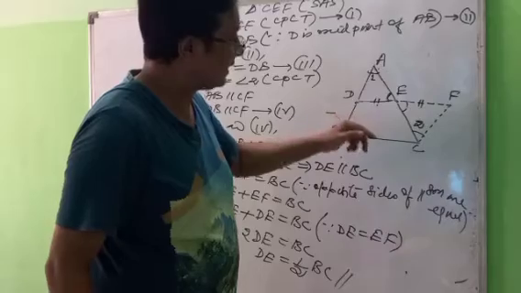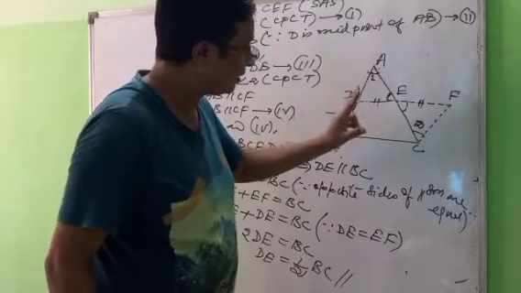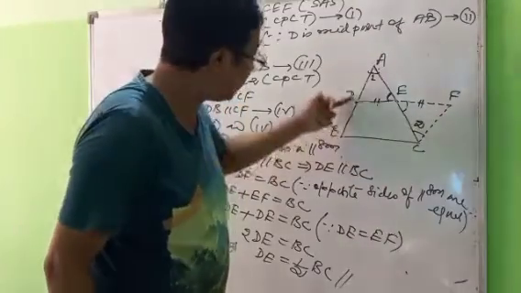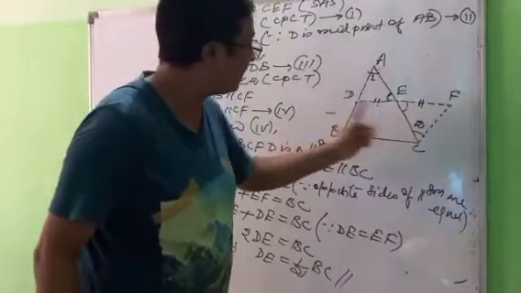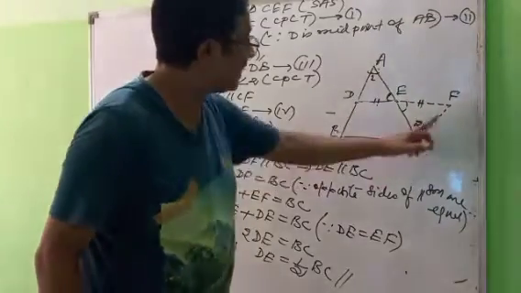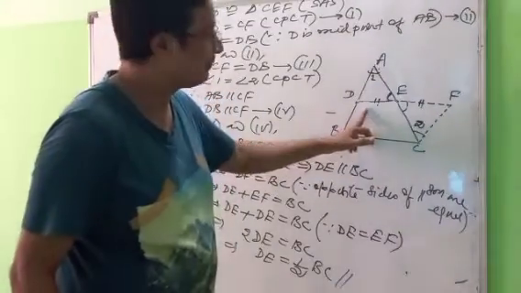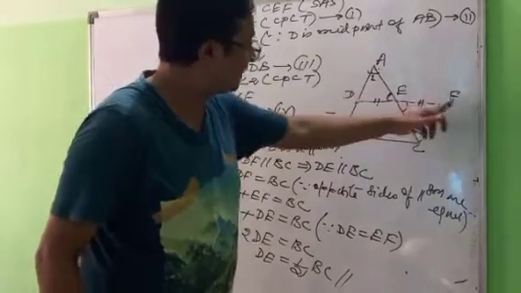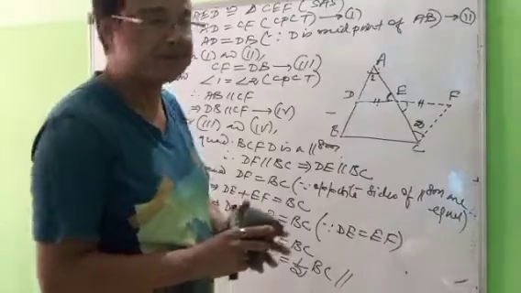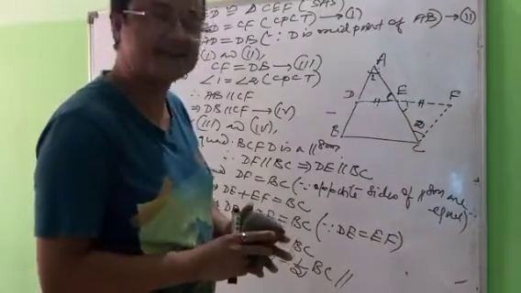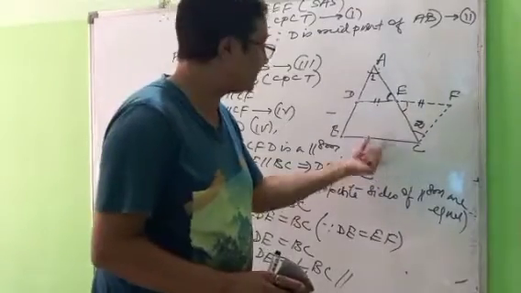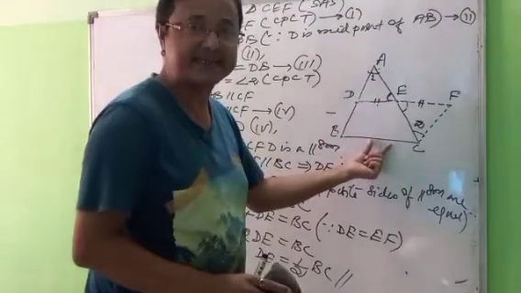Now you have CF equals DB and CF parallel to DB: one pair of opposite sides equal as well as parallel. Therefore, DBCF is a parallelogram. That is why DF is parallel to BC, because in a parallelogram, opposite sides are equal as well as parallel. So DF is parallel to BC, which means DE is parallel to BC.